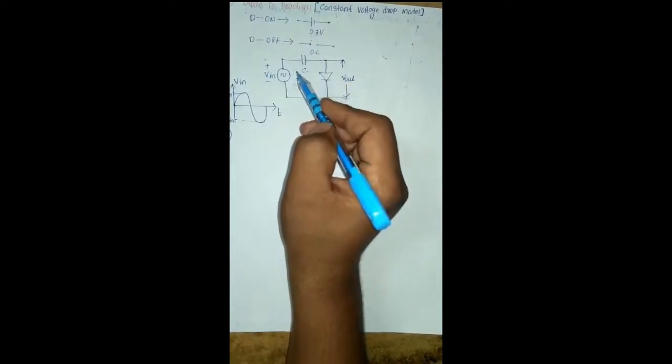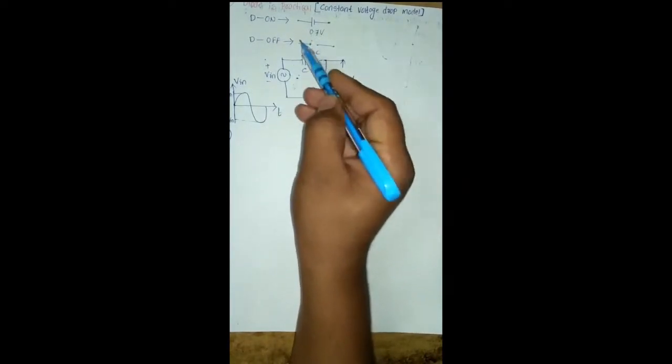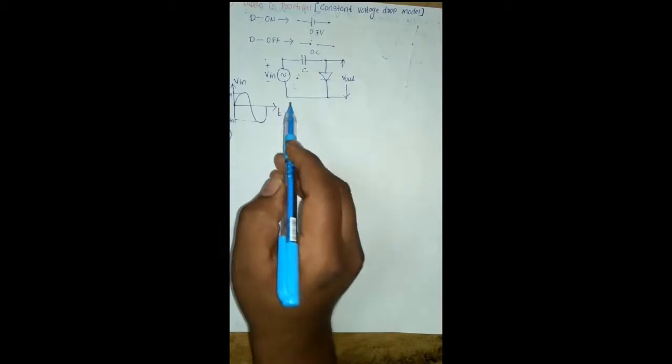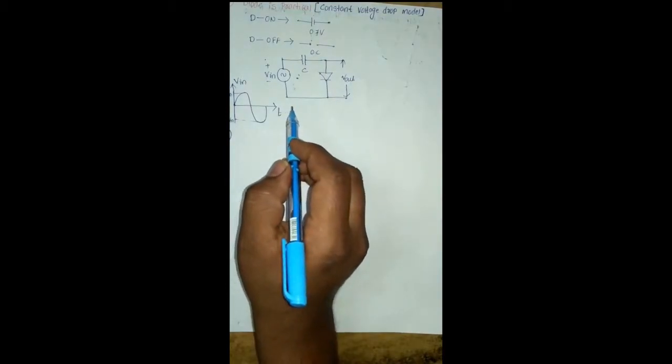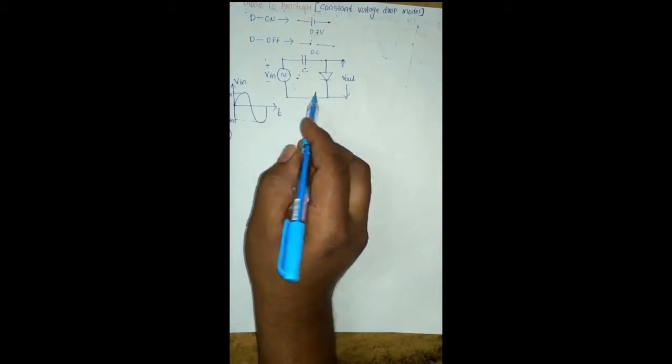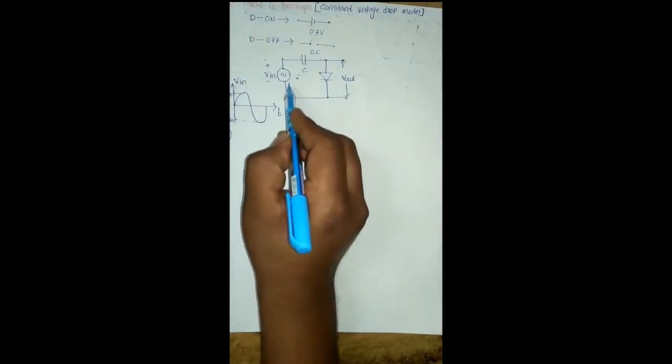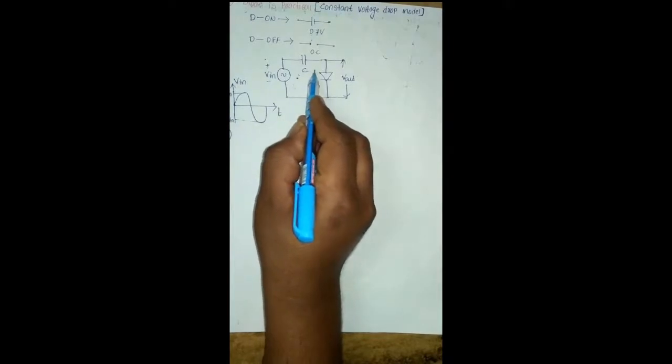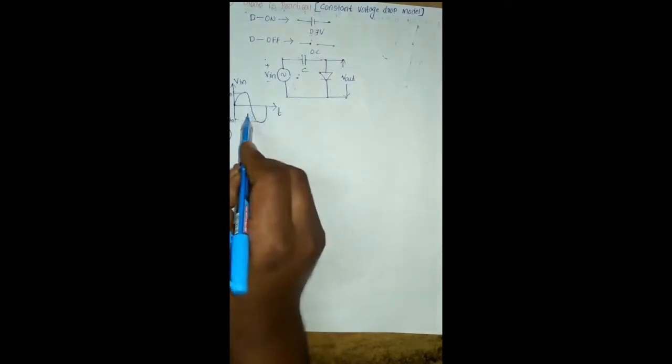Okay, now with the help of these two conditions, we are analyzing this negative clamper unbiased circuit. Again here we redraw the negative clamper circuit, and here we are giving the input signal as a sinusoidal signal.